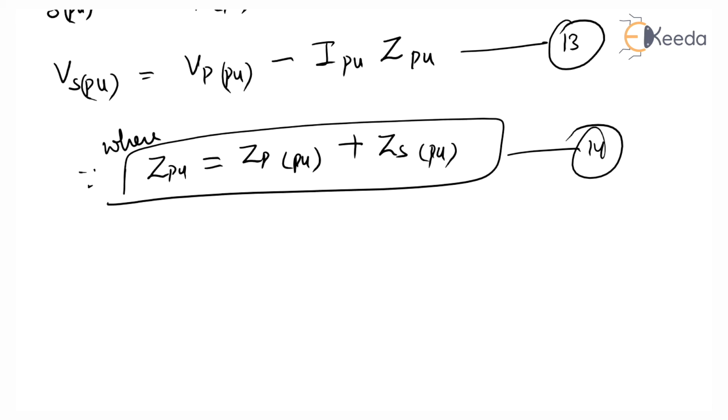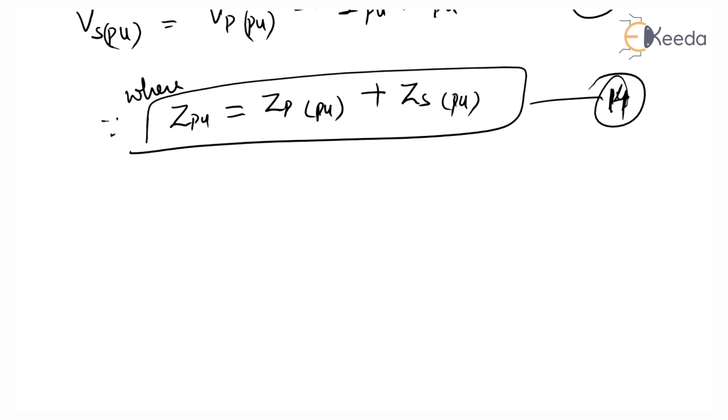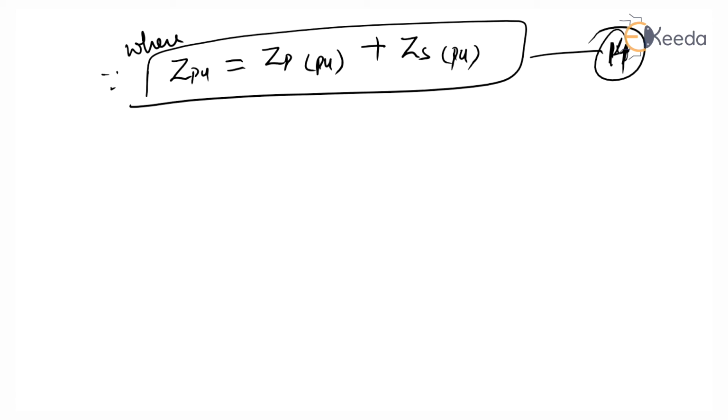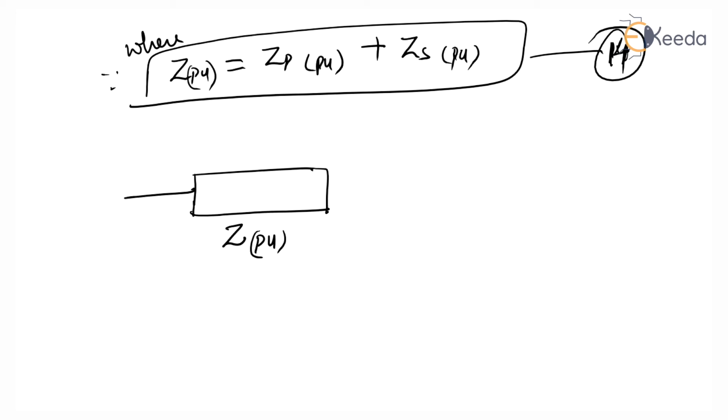Now let us draw the per unit equivalent circuit of the transformer. For the per unit equivalent circuit, we have the Z per unit, then this is the Vp per unit.